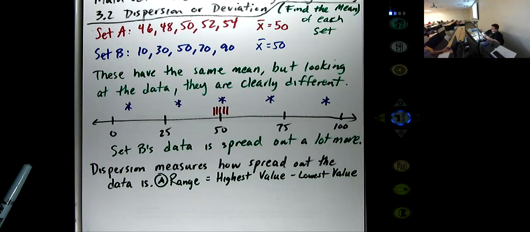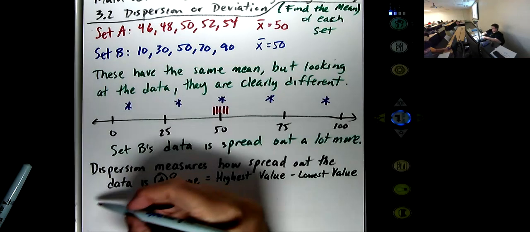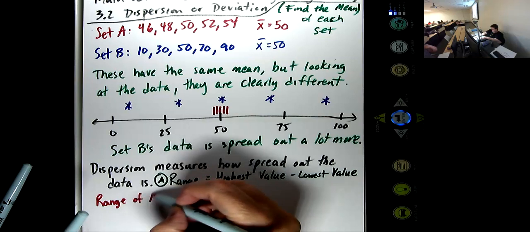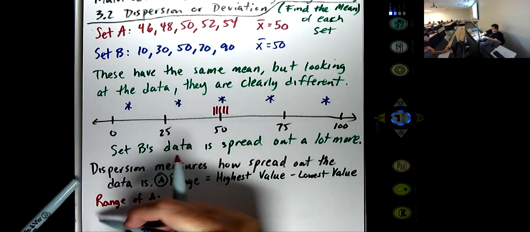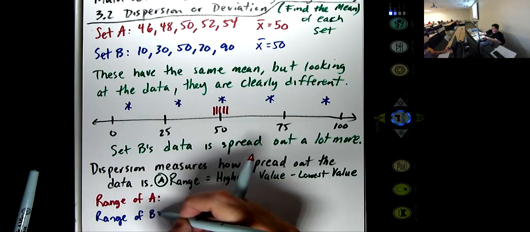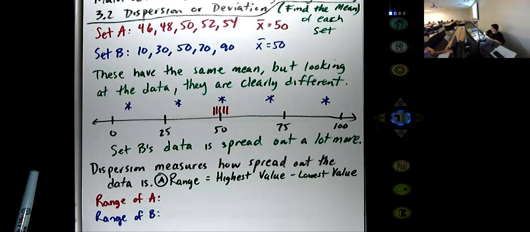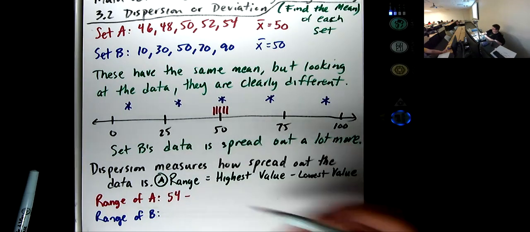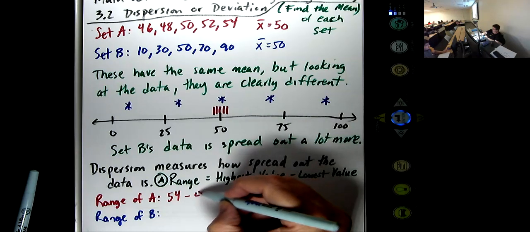What is the range of set A and set B? Well, the highest value in A is 54, and the lowest value is 46.